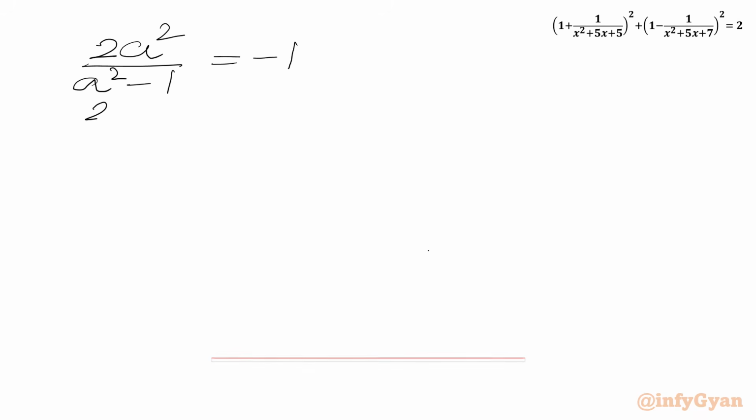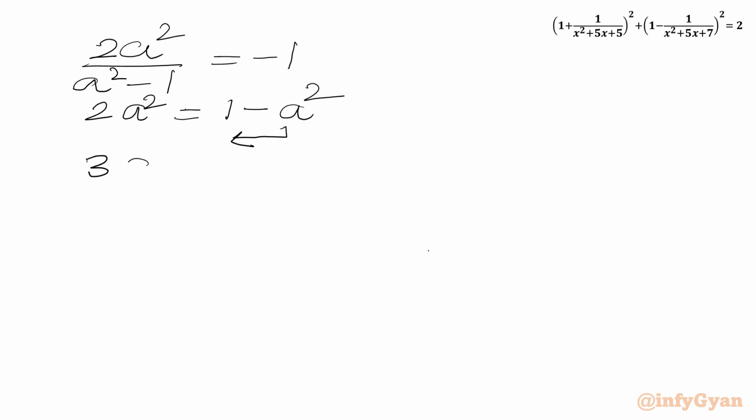Cross multiply. We will get 2a square equal to 1 minus a square. Now we will add a square to both sides and write 3a square equal to 1. A square will be equal to 1 over 3 after dividing by 3 both sides.